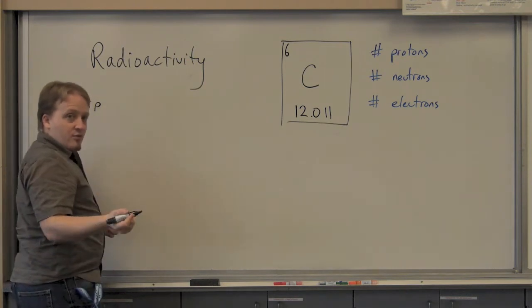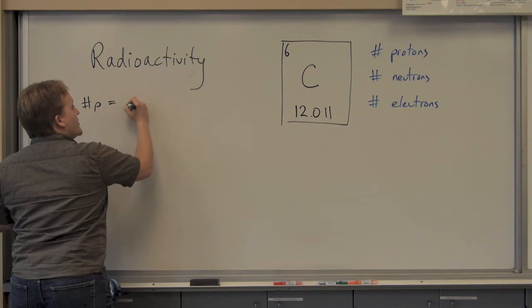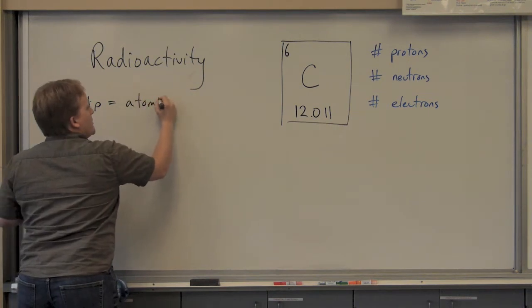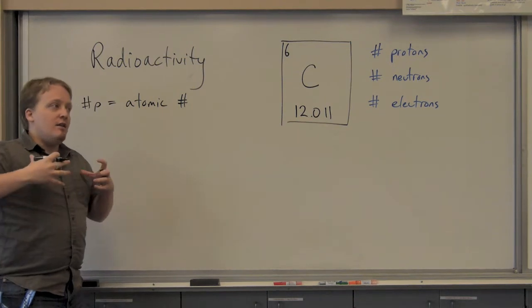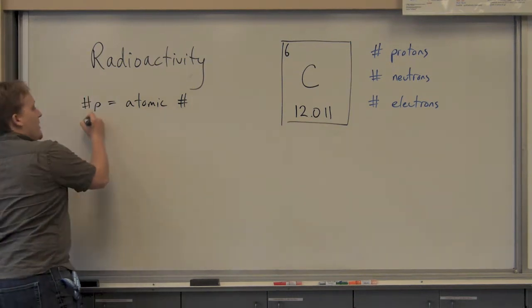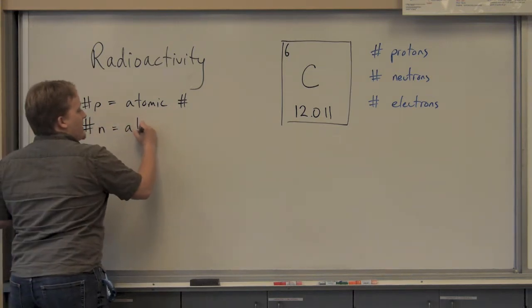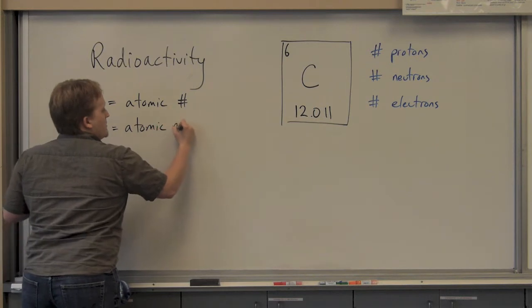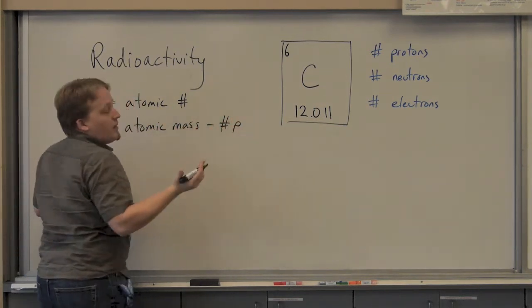So in the same way that we did before, finding the number of protons, and this is again a recap from chemistry, so don't be surprised if you remember this, protons is always equal to our atomic number. That hasn't changed. The atomic number is the fingerprint, the identifying characteristic of the element. Finding the number of neutrons is the atomic mass minus the number of protons, or minus the atomic number.